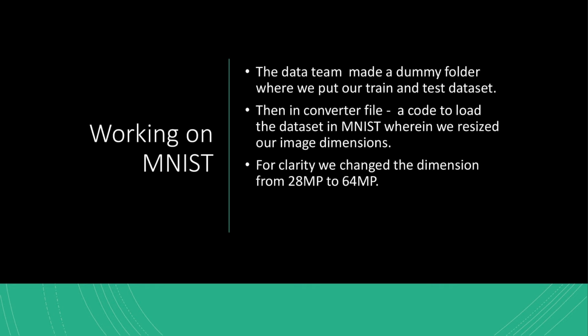After creating a CNN model, data team started working on the MNIST dataset. First, they created a dummy folder, and in this they further created 2 folders named train and test, so as to create a train dataset and test dataset.